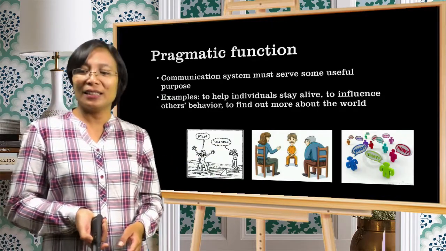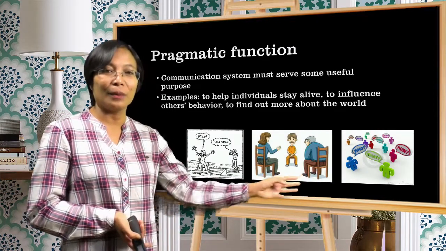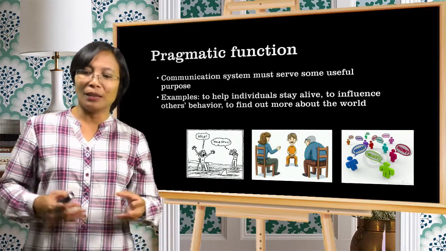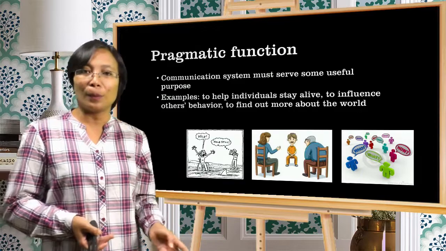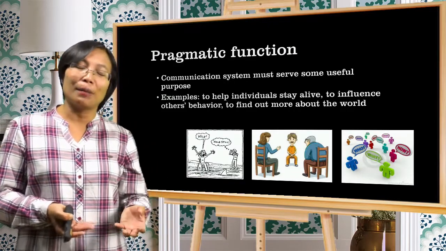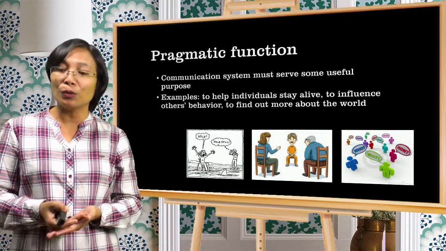Then the third one here, we can do many things when we are talking about this word, right? You can ask questions, you can share information. There are many things that we can do, or many purposes that we can have when we use language.